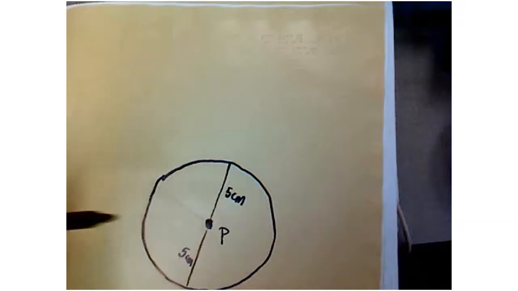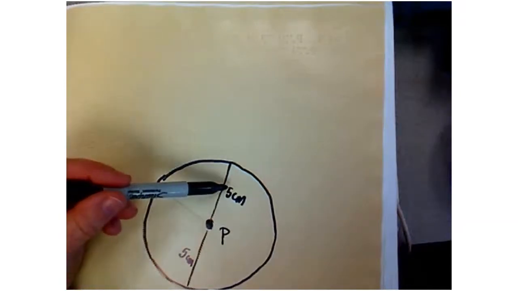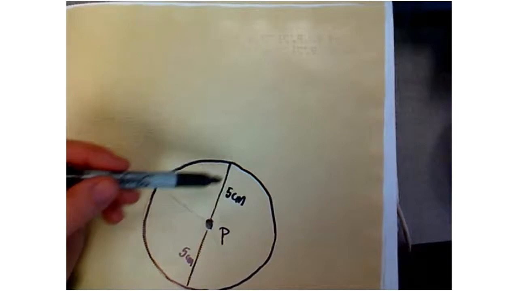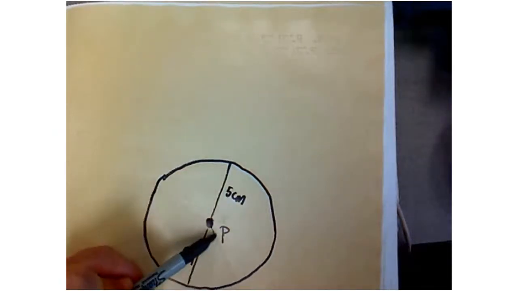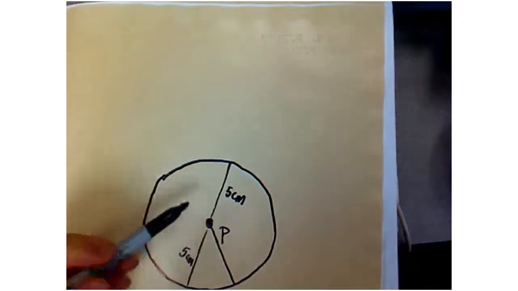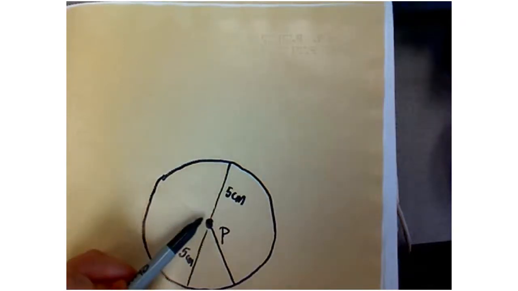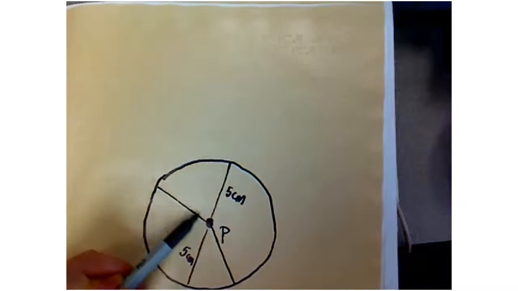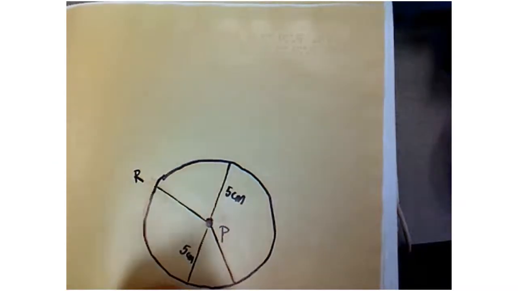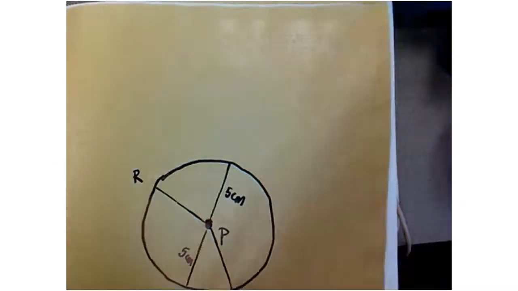They're all equal distance around the circle. So if you add the 5 and the 5, then the diameter QT got to be 10. All right? And they have some couple extra radii on this, P to S and P to R, but we don't really care about those. They're just having you notice you can have a whole bunch of radii.